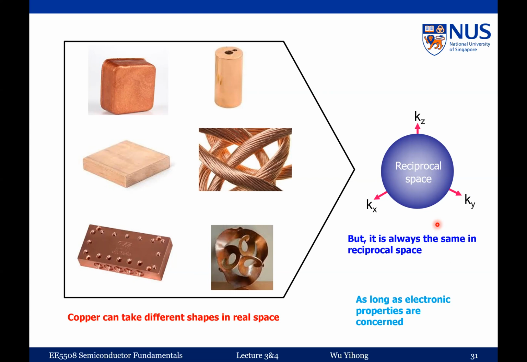So the density of states we're talking about is the number of electrons you have per unit volume in real space and per unit energy interval in k space. When this is very, very high, a lot of interesting phenomena will happen in this material.